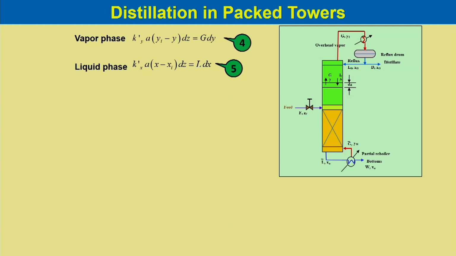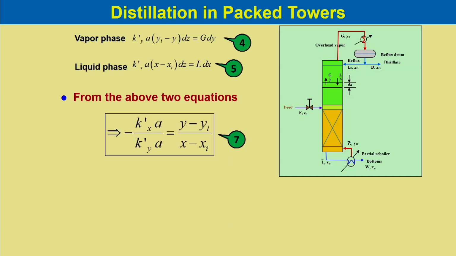For the liquid phase we have obtained Kx dash A x minus xi dz is equal to L into dx. From these two equations we can obtain minus Kx dash A divided by Ky dash A is equal to y minus yi divided by x minus xi.